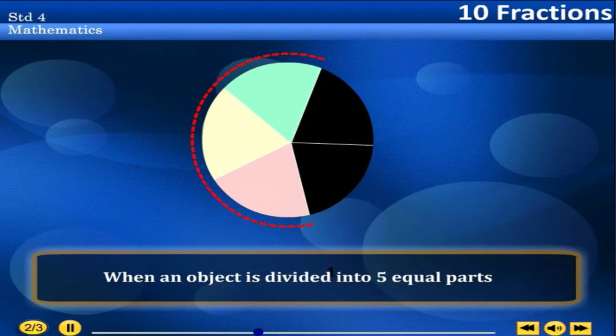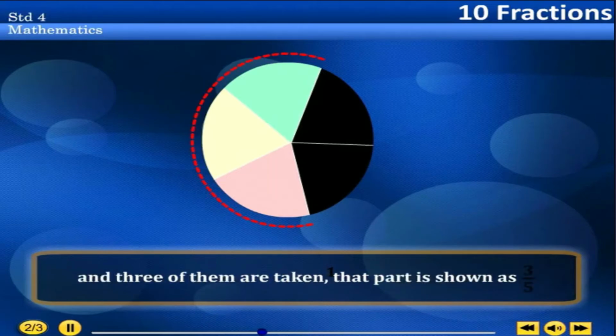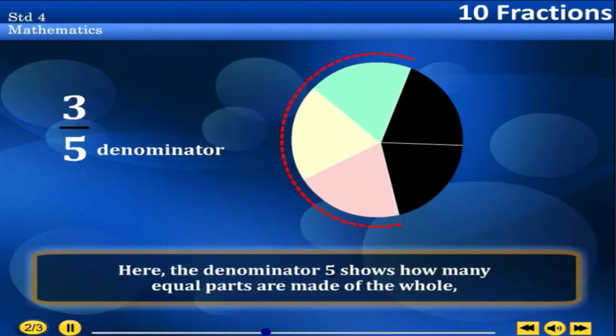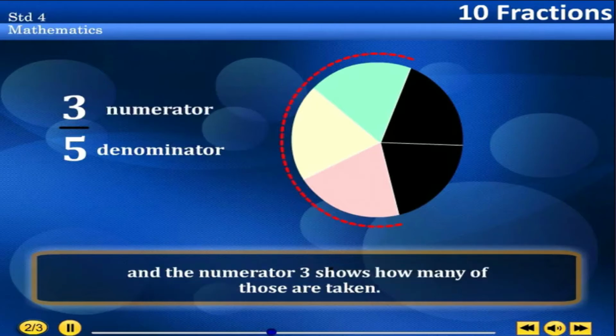When an object is divided into 5 equal parts and 3 of them are taken, that part is shown as 3 by 5. Here the denominator 5 shows how many equal parts are made of the whole, and the numerator 3 shows how many of those are taken.